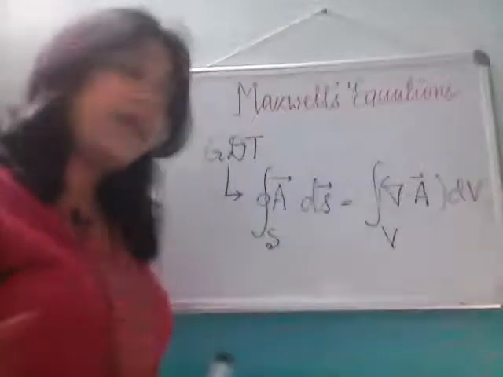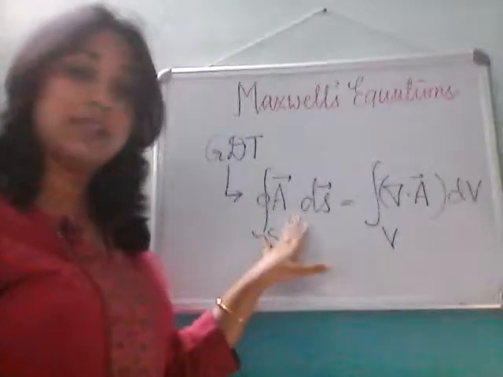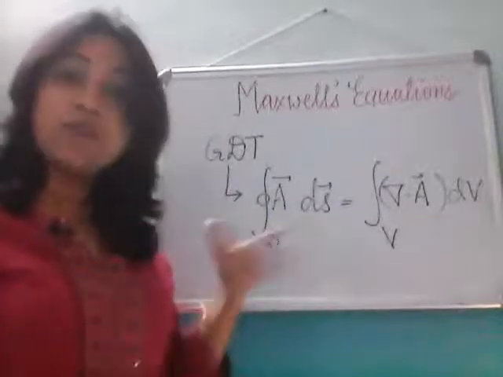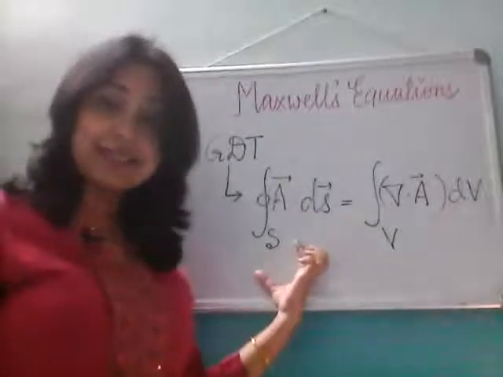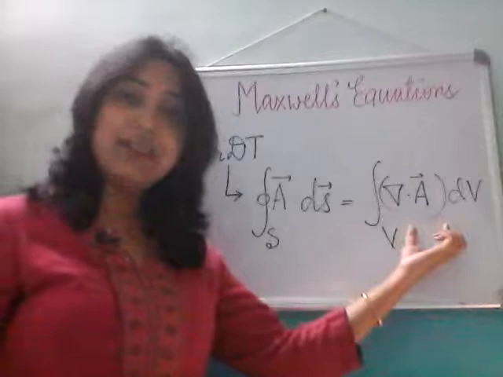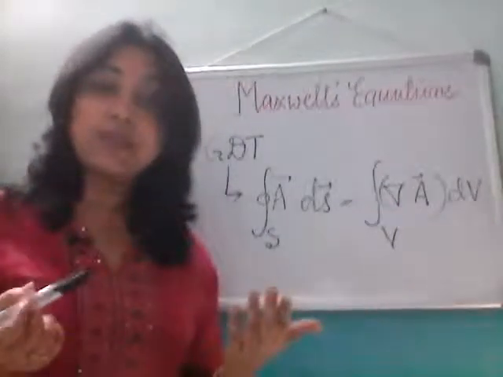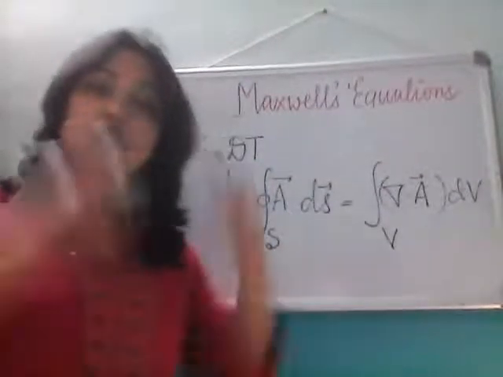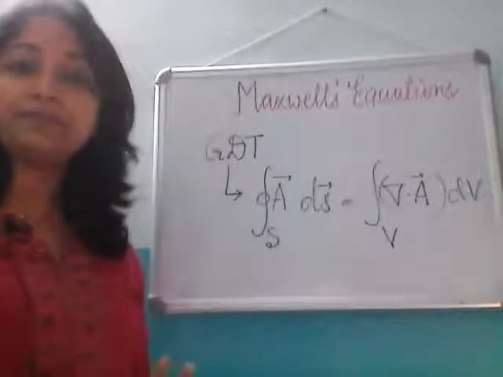Okay, so when I am trying to find out the closed surface integration, this surface integral A dot ds, obviously you will now agree that this is the flux over this closed surface S, that will be equal to the divergence of this vector taken over the same volume V. This volume V has been enclosed by this surface. Okay, so this is what we come to know from the Gauss divergence theorem.